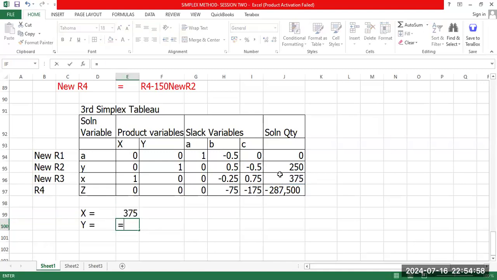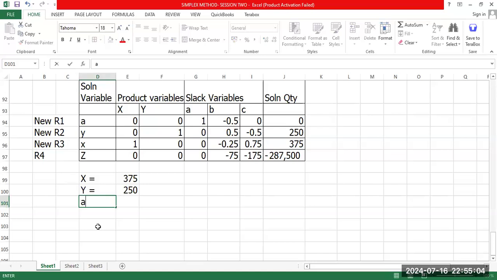Then Y is corresponding to 250. Then my slack variables, A is 0. When you check, A is 0. And the fact that I don't have B and C here means that they are also 0.